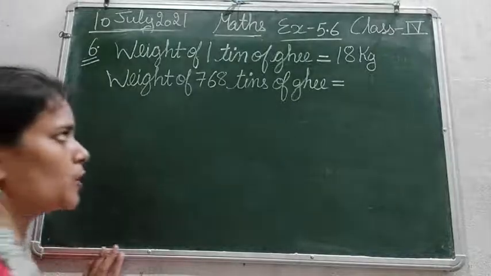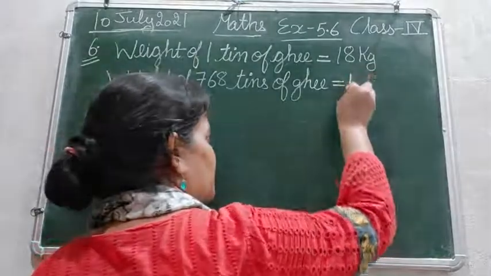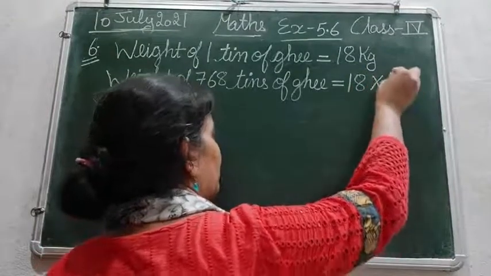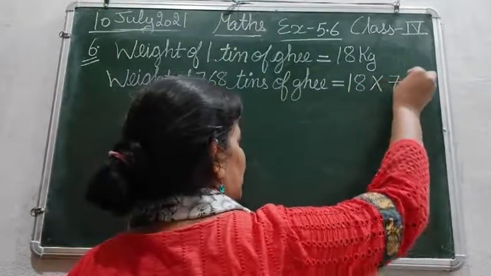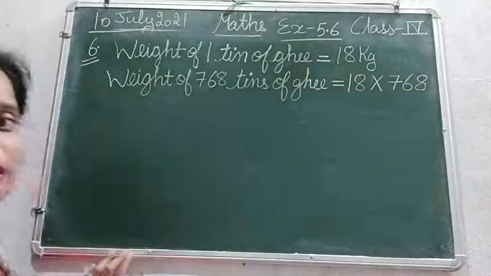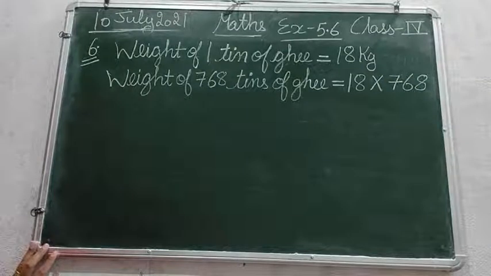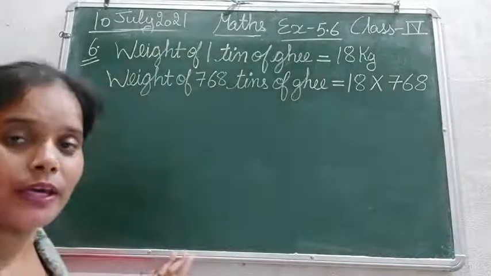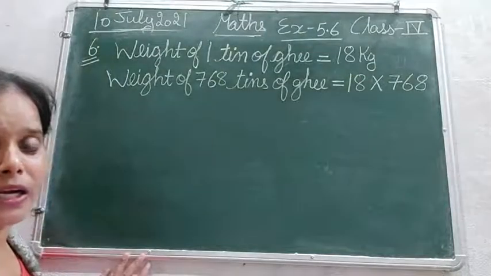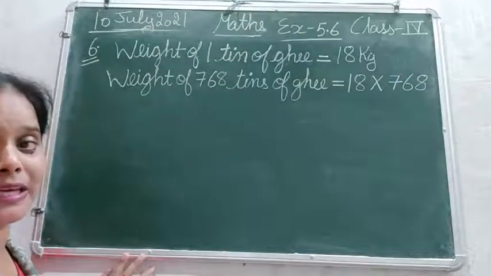So for this we are going to multiply the weight of 1 tin, that is 18 kg, with the number of tins, that is 768. तो 1 टिन का जो वेट है उसको हम मल्टीप्लाई करेंगे टोटल नंबर ऑफ टिन्स ऑफ घी से, एंड देन वी विल गेट द टोटल वेट ऑफ घी इन द स्टॉक. ओके, सो लेट्स मल्टीप्लाई इट. हम हर सारी कैलकुलेशन वी विल एक्सप्लेन इट.